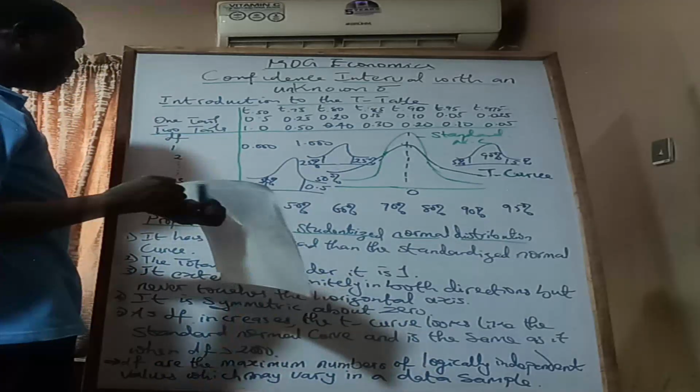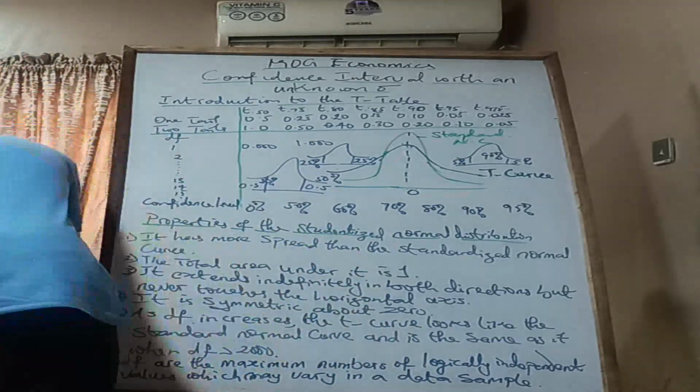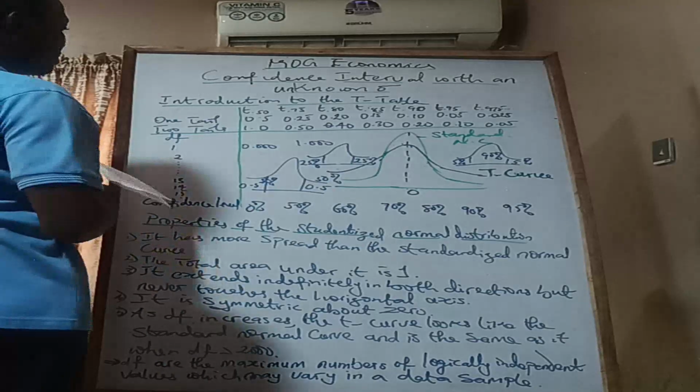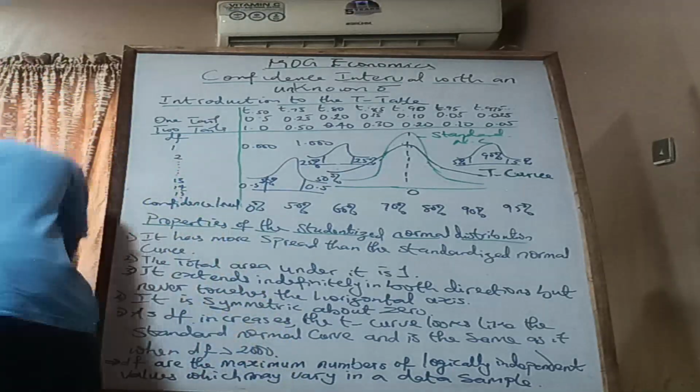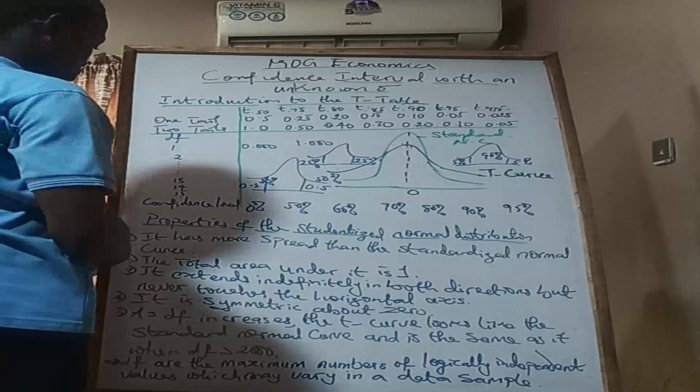That being said, we now begin to look at the degree of freedom. How do we apply the degree of freedom? Before we get to that, let's just do this.